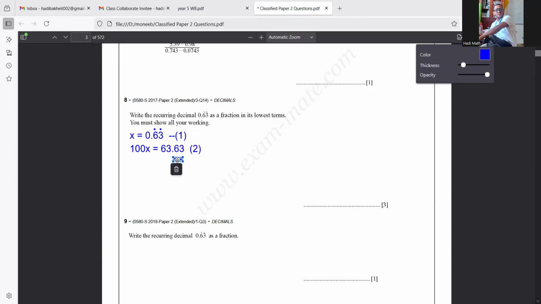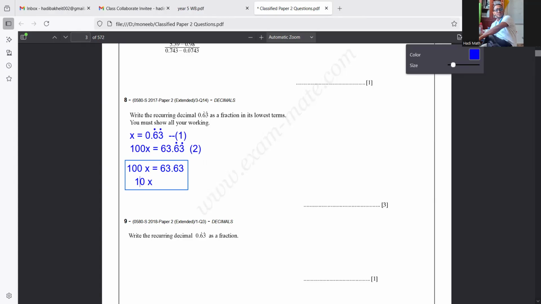So this is what you need. Now you subtract. You subtract 2 minus 1. As I've told you before, you can subtract this way, and if you cannot, you can put them over each other to make things easy for you. Write the bigger one, 100x, on top, equals 63.63 recurring. Then I write the 10x below, 10x equals, write numbers in columns, like it is 0.